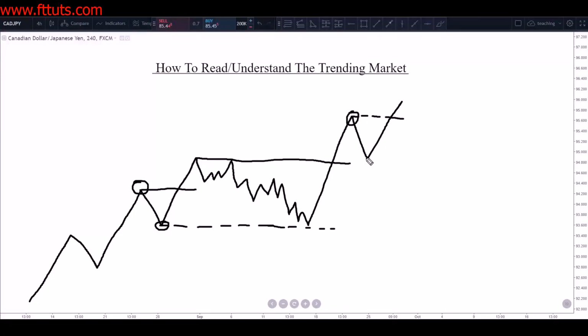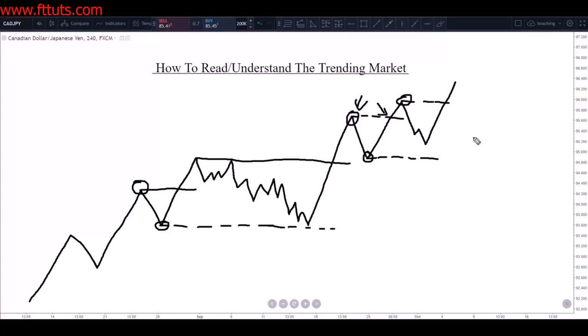And as long as this market stays above this previous level of support, the lowest level of support after the break above resistance here, then we're considered to be in an uptrend and expecting trend continuation, expecting this market to at least retest, if not break, our previous resistance.